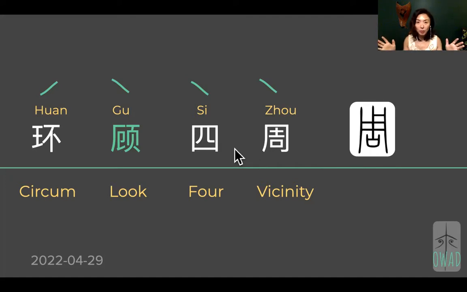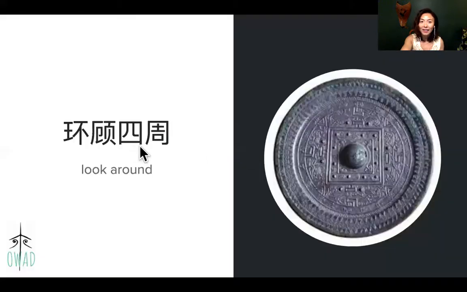That's the same in both cultures. These are the basic grid lines, coordinates we position ourselves by. So we often say four. Zhou means vicinity. In this context, it means the places nearby you. So 环顾四周 basically means you're looking around in all directions, not necessarily just four. Four is simply to say in all directions, and simply means look around.